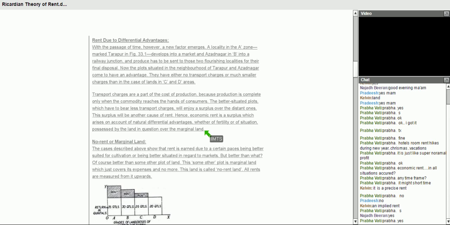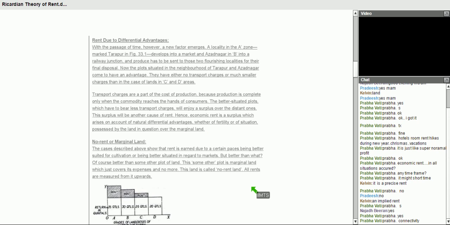This is the reason why the price of land is different in one locality and another. One most important factor is the fertility of the land. Another important factor is its location from the market and from the manufacturing place. It's connectivity.